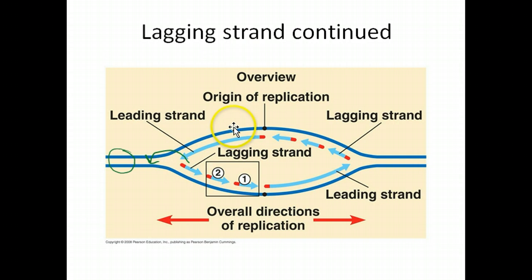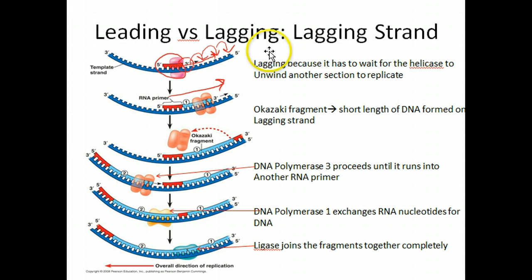Okay, so that's shown here. Alright, so it's run into another polymerase doing its work. It runs into that RNA primer, basically. So this little Okazaki fragment, this space right here, is now complete.